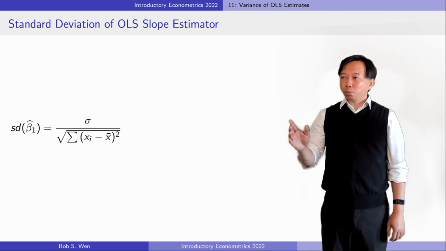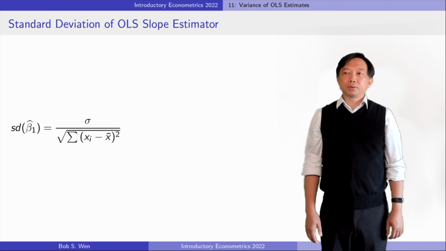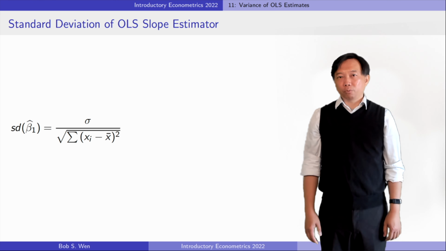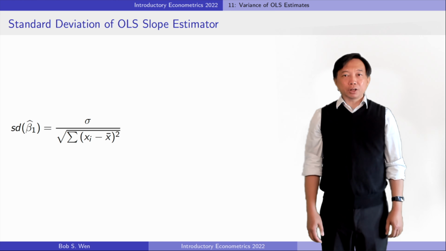It is the square root of its variance, that is sigma, divided by the square root of the total sum of squares of the explanatory variable x.